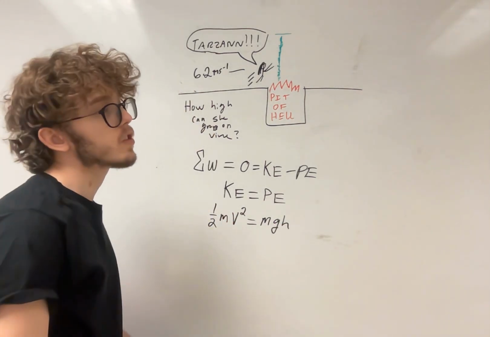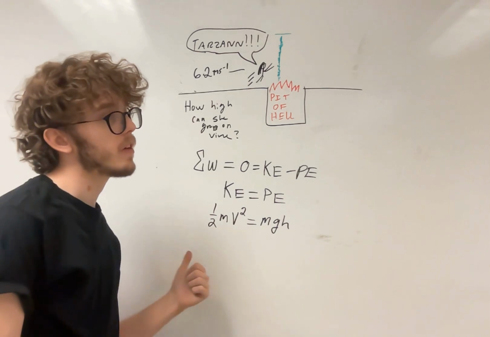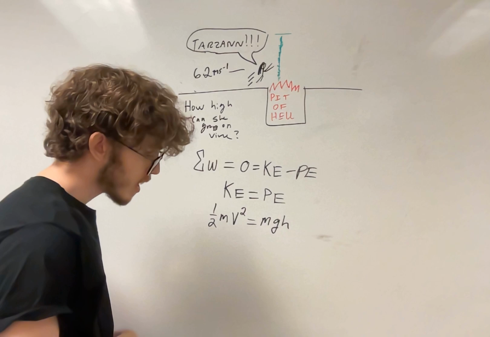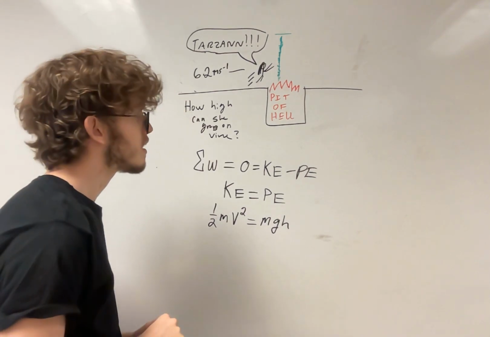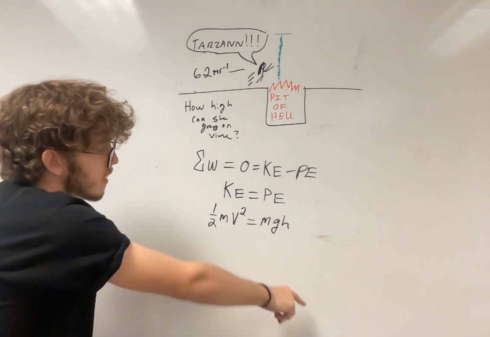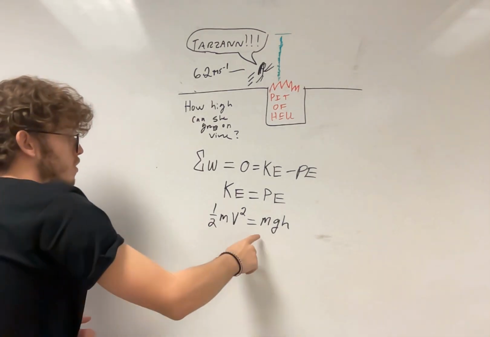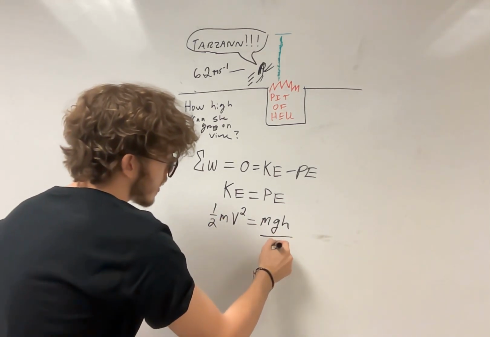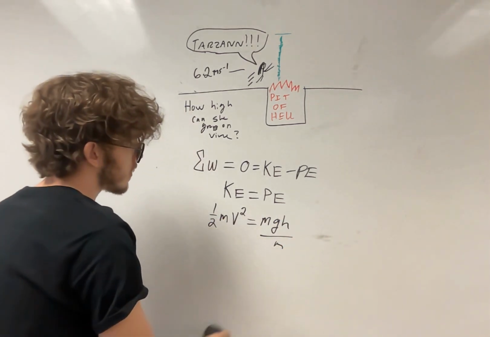The second part of this question asks you if it's dependent on the mass. Some of you might not have this part, but the book that I'm looking at asks, is this dependent on the mass? This is how you answer this question. Look at this here. If I were to simplify, let's say I wanted to solve for v, I'd bring over the m and I'd divide by m. That would cancel the mass, right?